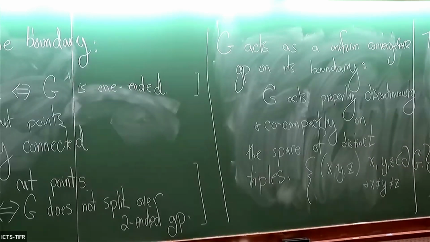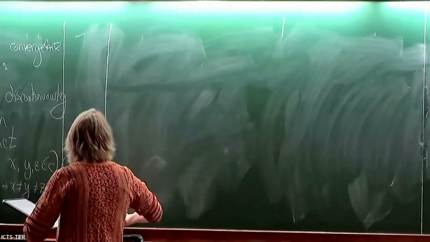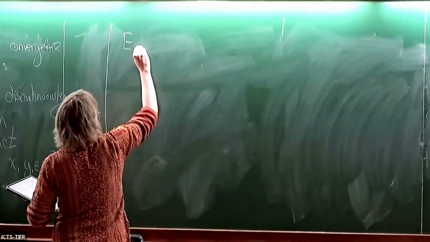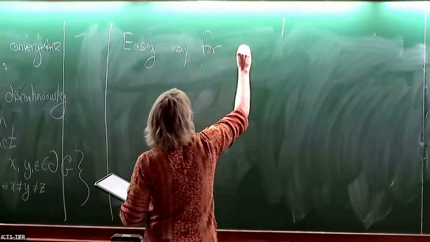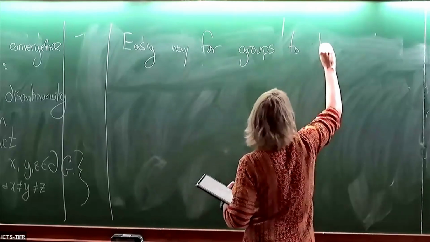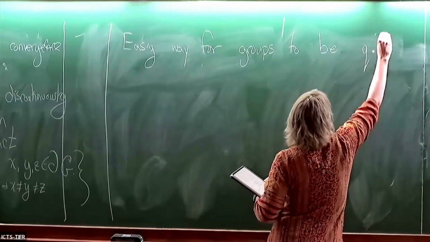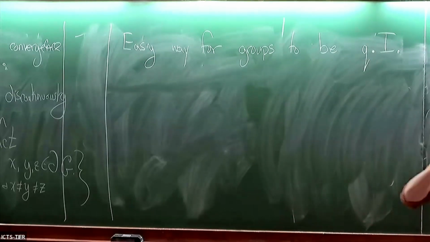This finer structure on the boundary will tell you about QI. Let me say a little bit about quasi-isometries because they're so important and interesting. So here's an easy way for groups to be quasi-isometric. Remember, two groups are quasi-isometric if they act geometrically on the same space.